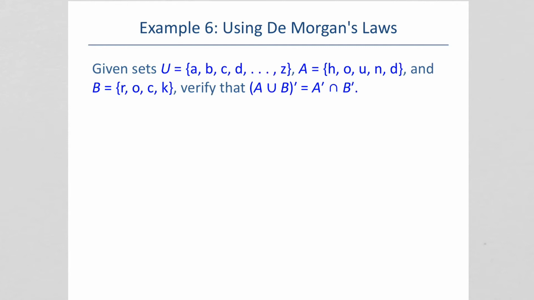So, U is all the letters of the alphabet. A is the letters of hound. B contains the letters of rock.